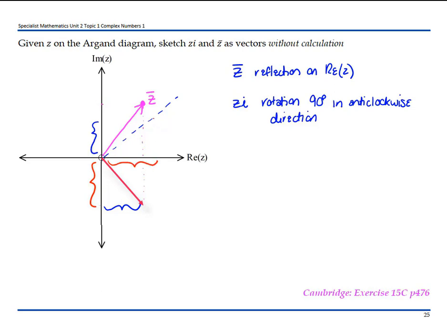So you can see that I'm approximately there. The other way to think about it, the length of the line has to be the same. That length doesn't change. So that would be zi.